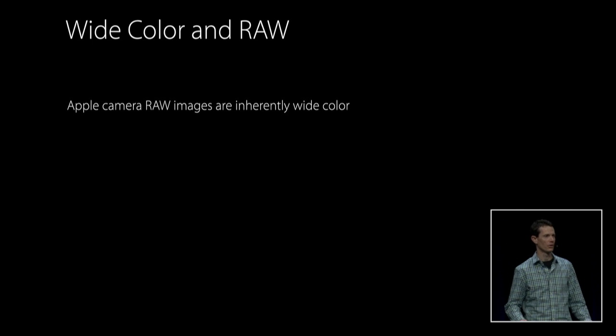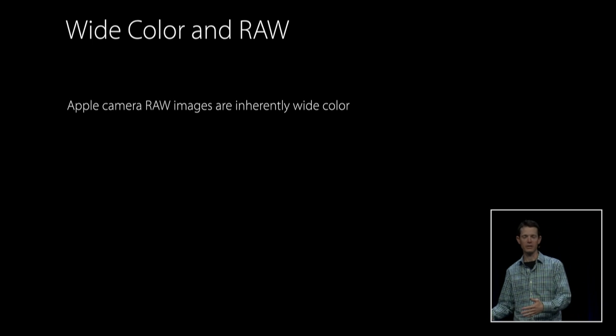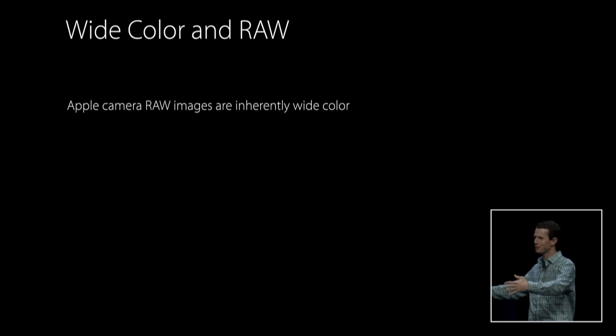Here's an interesting twist. While I've just been talking about iPad Pro, we support RAW. And RAW capture is inherently wide color because it has all of those extra bits of information. We store it in the sensor primaries, and there is enough color information there to be either rendered as wide or sRGB. Again, you're carrying the ingredients around with you.